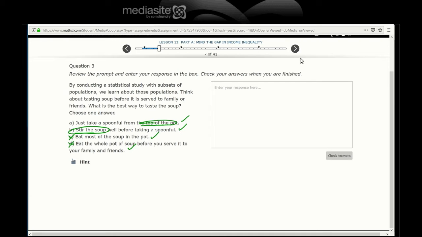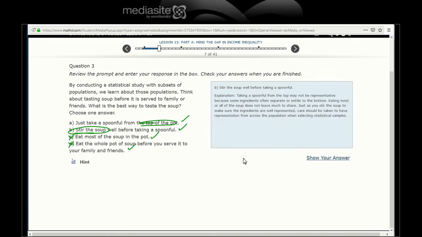So B, stir it up, randomize it. The top may not represent what's on the bottom because things may stratify.